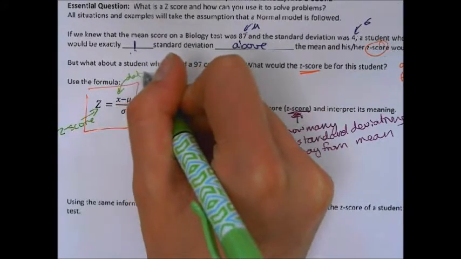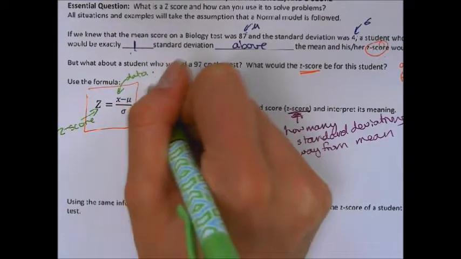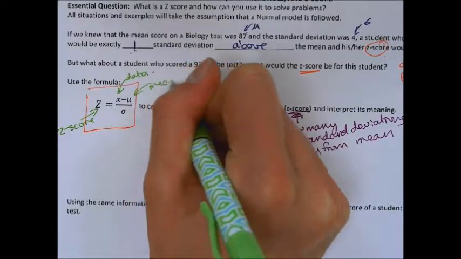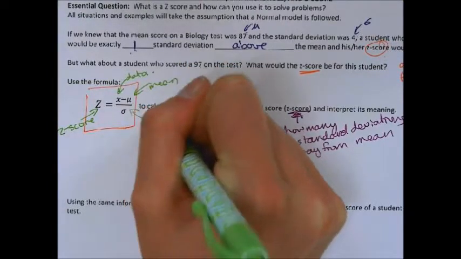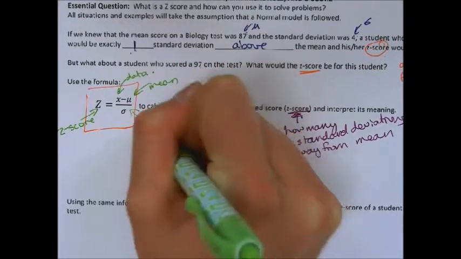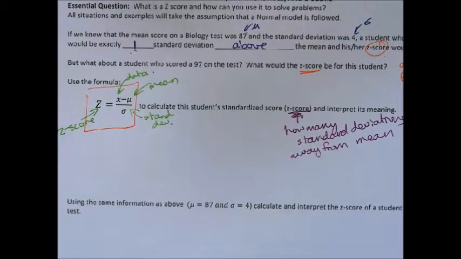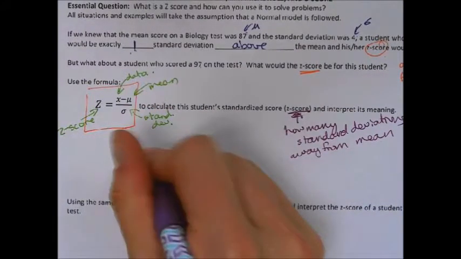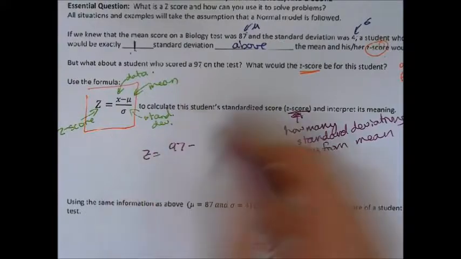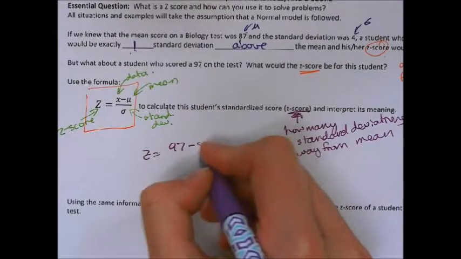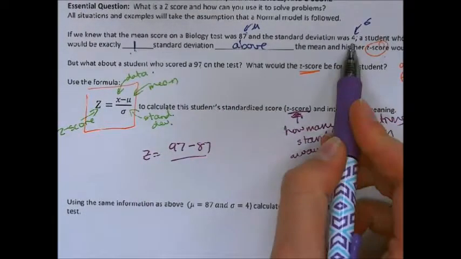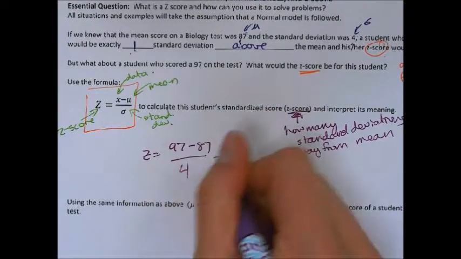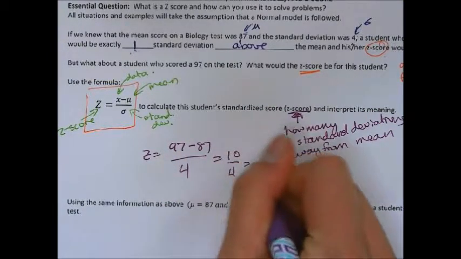X is your data point. Mu is your mean. Sigma is your standard deviation. So, our score is 97. Our mean is 87. And our standard deviation is 4. So I get 10 over 4, which is 2.5.